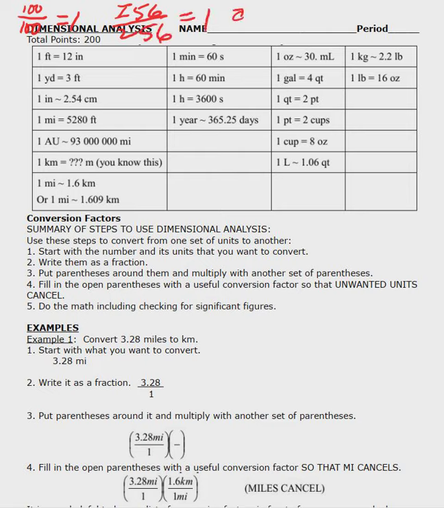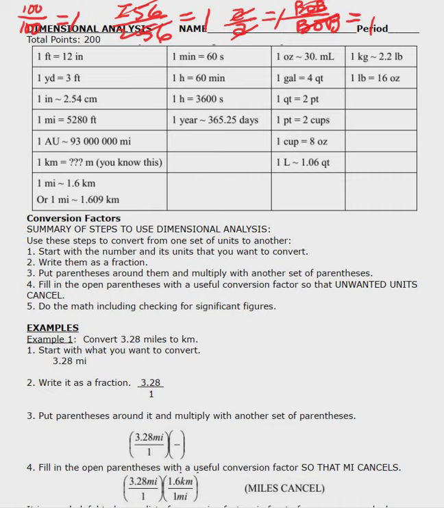If I have A divided by A, that equals 1, because it cancels out. If I have Bob divided by Bob, that equals 1. So anything divided by itself equals 1, and you can cancel the units.